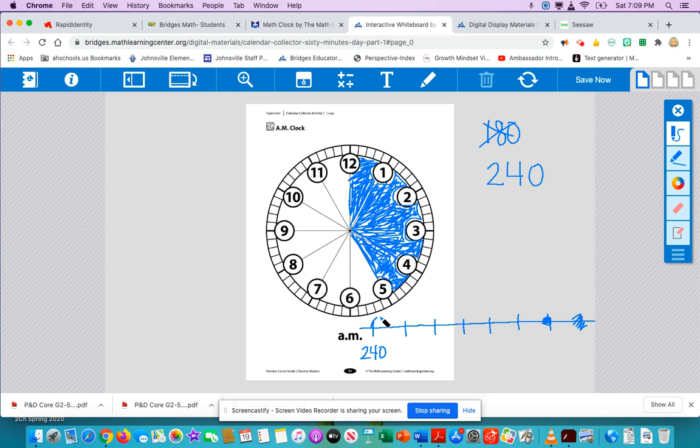So every jump is 60, or I'm sorry, every jump is 10. 10, 20, 30, 40, 50, 60. I'm just going to write plus 10 in there each time. I'm going to see if you can figure that out on your paper while I'm writing on here.